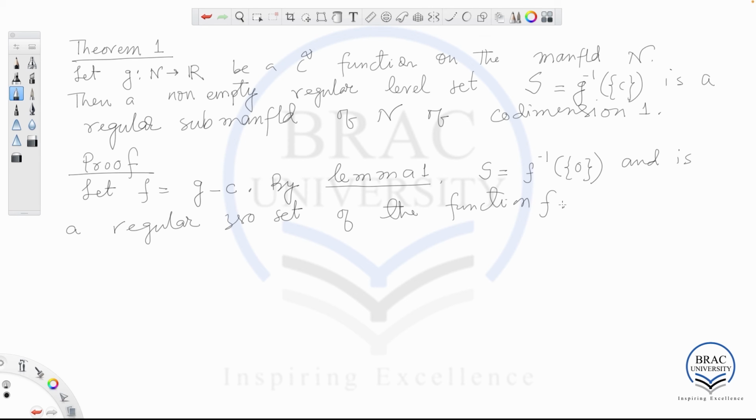Since P is a regular point of F. Okay, good. Now we choose a point P from this set S, right?